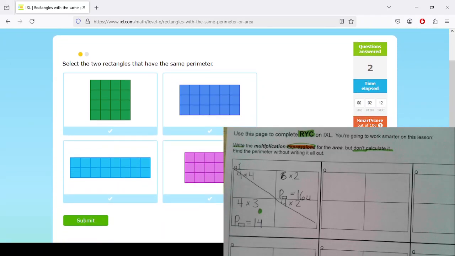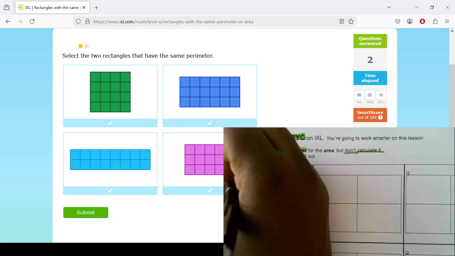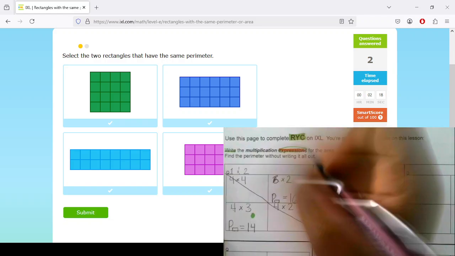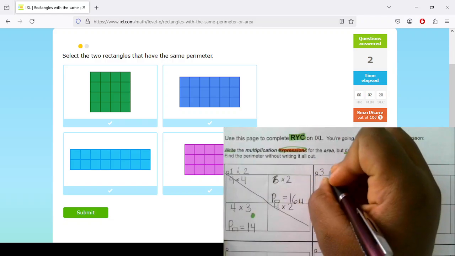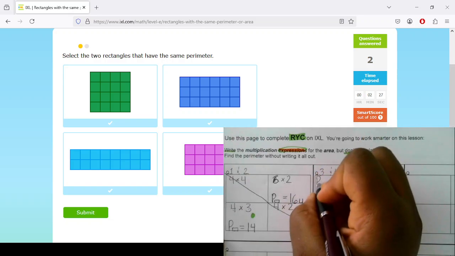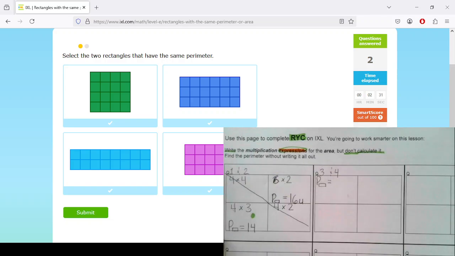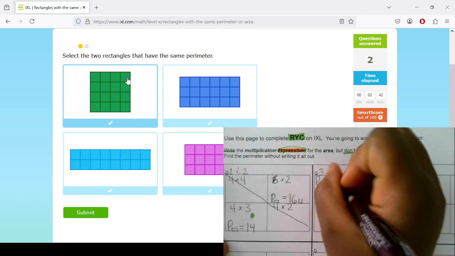Now I'm told to select the two rectangles that have the same perimeter. Well, that was question 1 and 2. This is question 3 and 4. So I'm going to start by finding the perimeter. So the perimeter of this first rectangle, I'm going to find the perimeter without writing it all out. 4 plus 4 is 8. 8 plus 8 is 16.